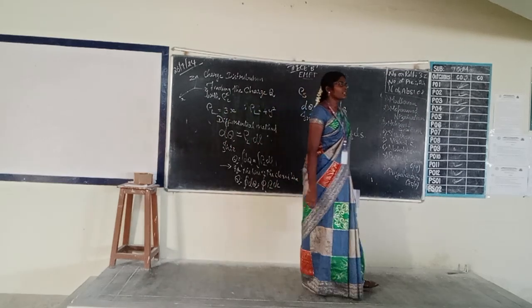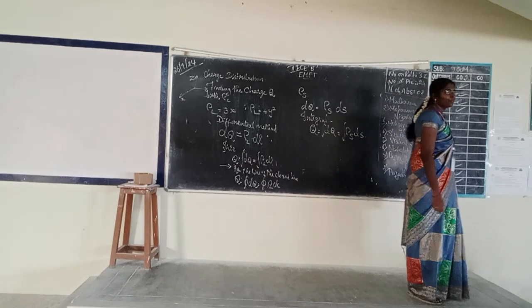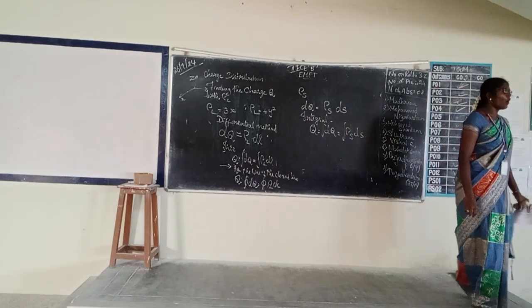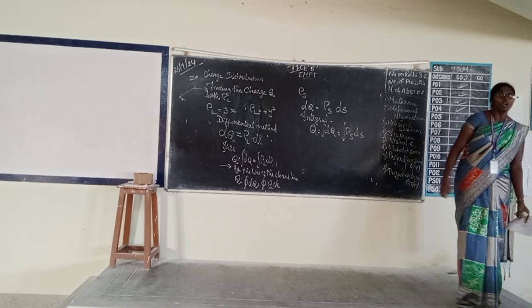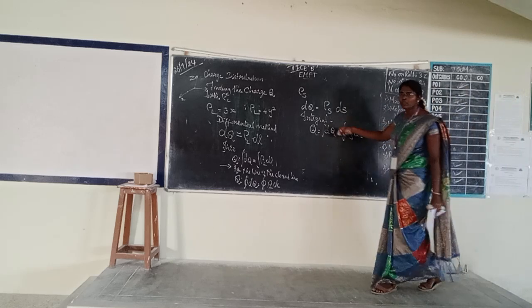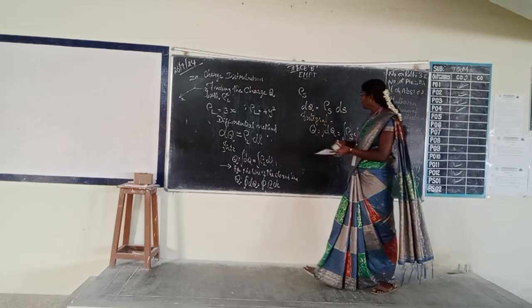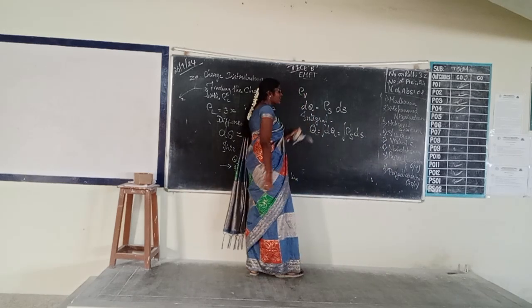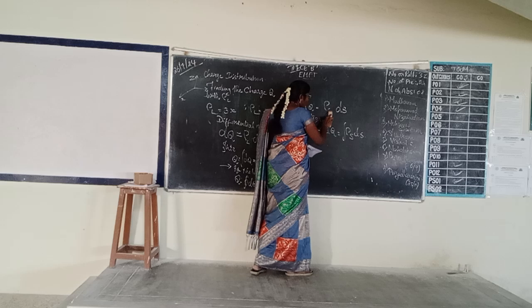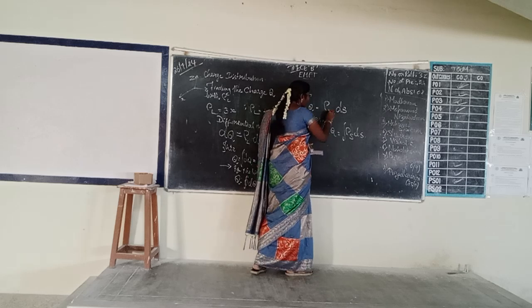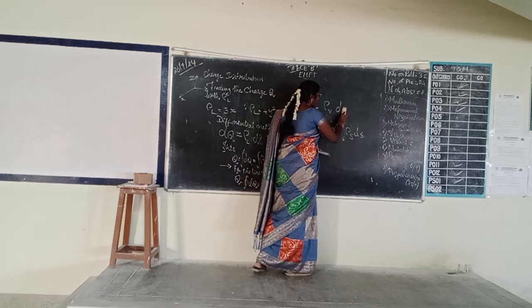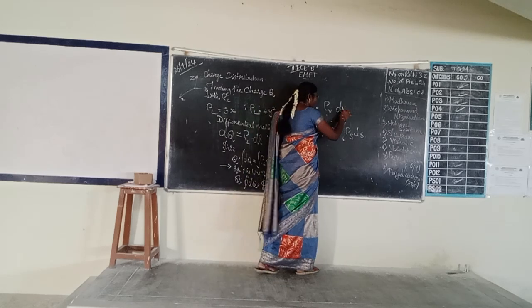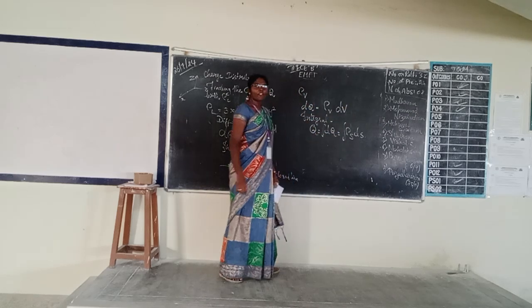Clear up to this? Next, the same for volume: the method of finding the charge Q when rho v is known. How can we find it for volume? Everything will change with respect to rho v. That is, dQ is equal to rho v into the small space, which will be volume, so we differentiate with respect to v.